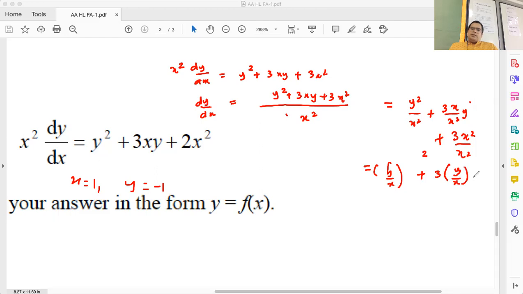So you can clearly write the given function as a function of y over x.